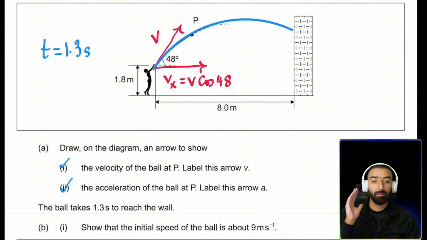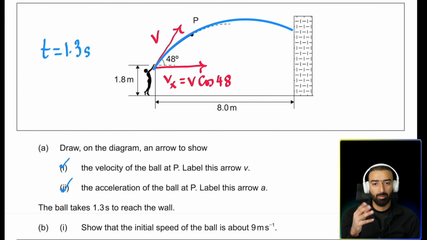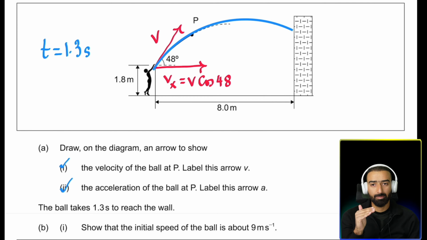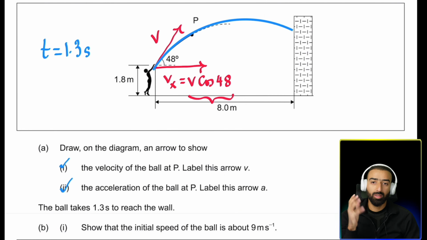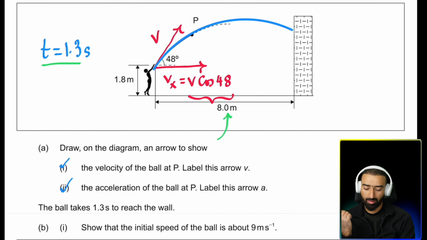We should keep in mind that this horizontal velocity is constant because the only force is vertical, the only acceleration is vertical, so only the vertical component of the velocity will change. The horizontal component just stays the same. All right, so the object moves with a constant horizontal velocity of V cosine 48 and it covers 8 meters in 1.3 seconds.